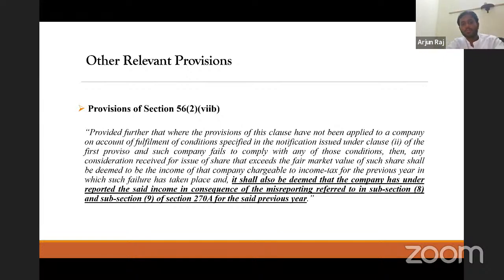So this was a proviso to 56(2)(viib), wherein they have stated, in the event of any violation of such conditions specified in the notification, it shall be deemed that the company has underreported the income in consequence of misreporting. So this is a specific provision which is not there in 270A, but if it gets attracted, it would amount to misreporting.